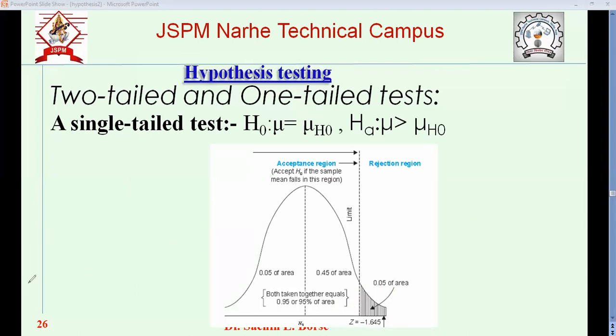Is there any question on this? Next time I will cover introductory statistics, and then we can take some problems on hypothesis testing. If you have any doubt, you can ask.